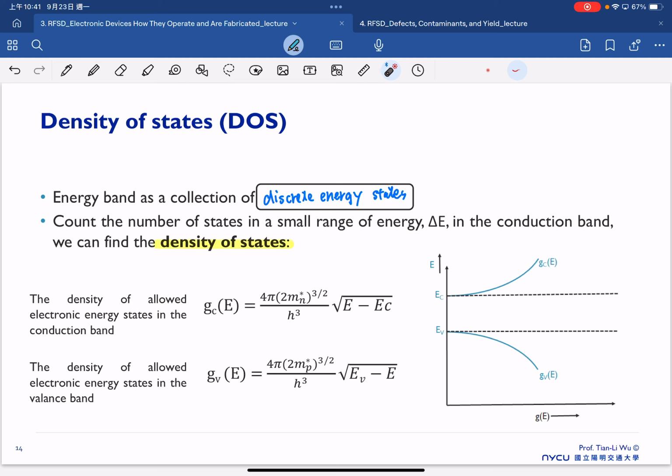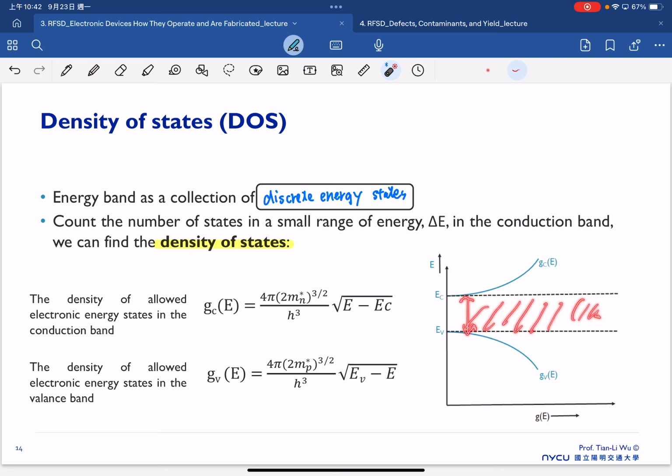If you ignore this one first and just look at EC and EV, this is exactly what we already mentioned for the band diagram. This is the conduction band, this is the valence band, and inside is the forbidden band, and this difference is what we call the band gap.